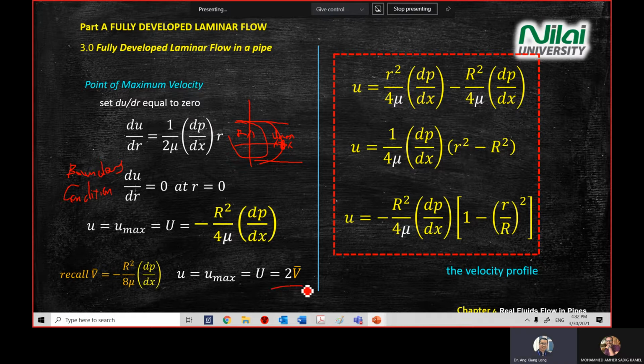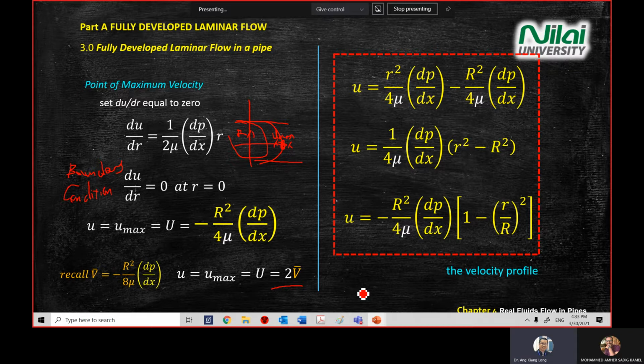Sometimes in the question, after you find the velocity in the pipe, the next section will normally ask you what is the maximum velocity in the pipe. When you calculate the Reynolds number, you find that the flow is laminar. So straight away you can use this equation on the left hand side.